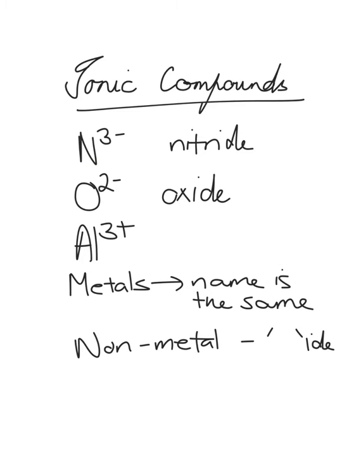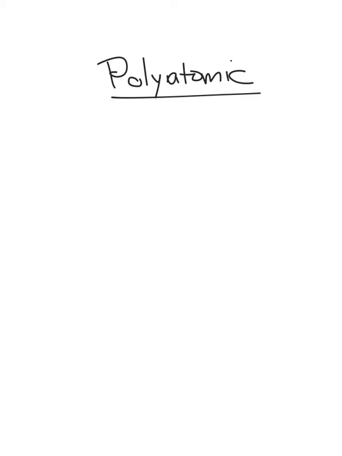sulfide, etc. Then we have what we call polyatomic ions. Polyatomic ions often have oxygen in them, though they don't have to; polyatomic means they've got more than one atom.